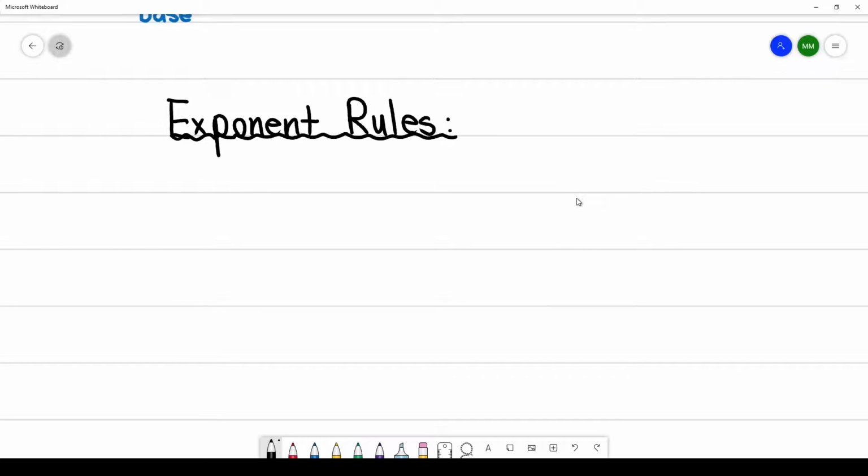So the first thing is something like this. So x to the m times x to the n, that's equal to x to the power of m plus n.